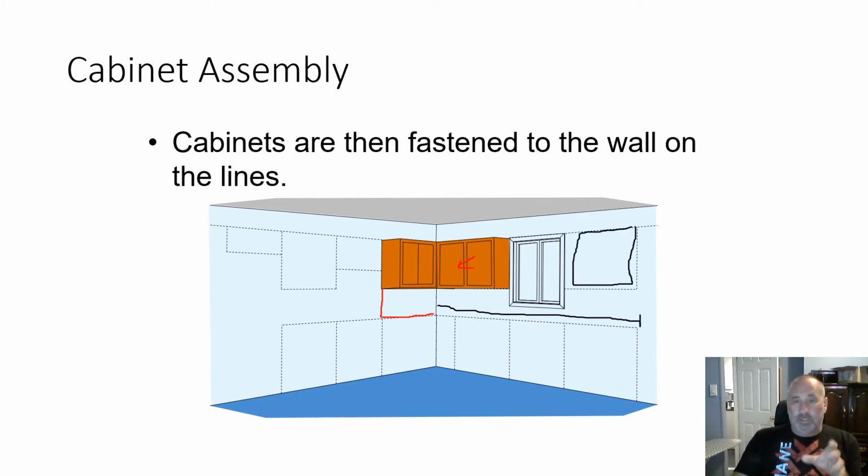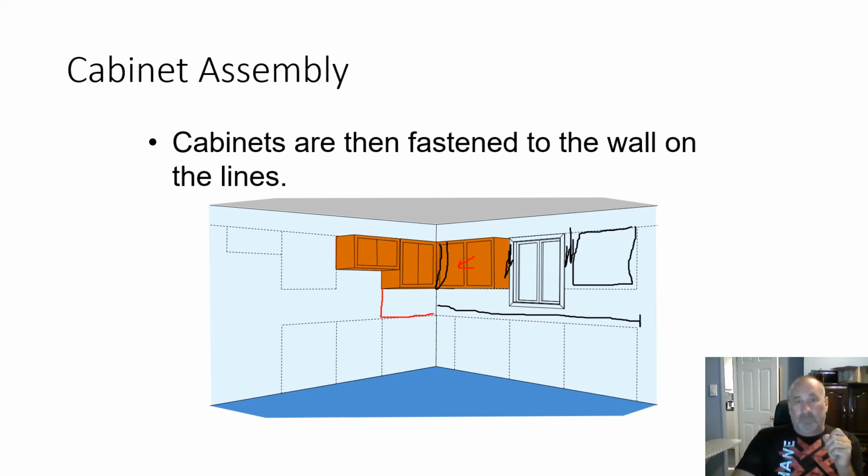So depending on sizes and so on, you may have to put a filler on this cabinet to keep the space beside the window the same on both sides. There's lots of little planning and thinking as you go along to make sure everything is spaced equally. If you're going to be tight against the trim there, you want to be tight on the trim on both sides. So that's something to think about as you're working your way along.